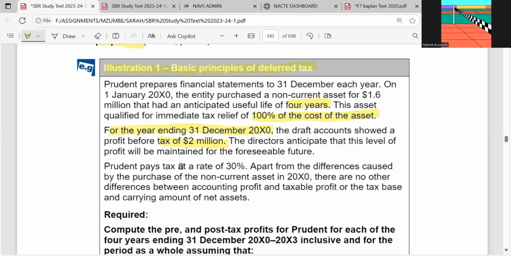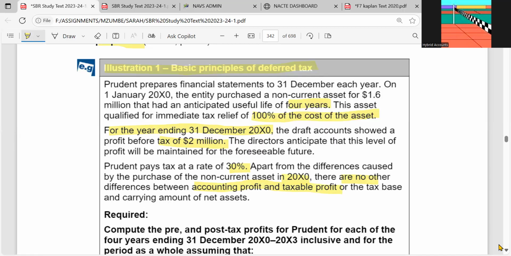And Prudent pays tax at the rate of 30%. This is the tax rate given here. And apart from the differences caused by the purchase of the non-current asset in 2024, there are no other differences between accounting profit and taxable profit. So the only difference in profits would be due to the purchase of this asset, which seems to have different depreciation rates.